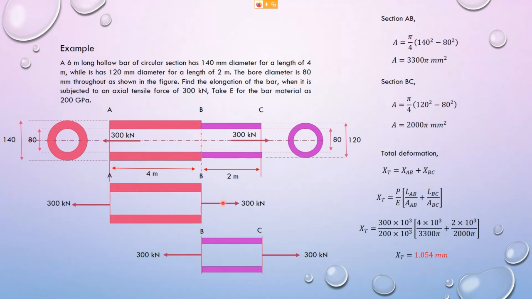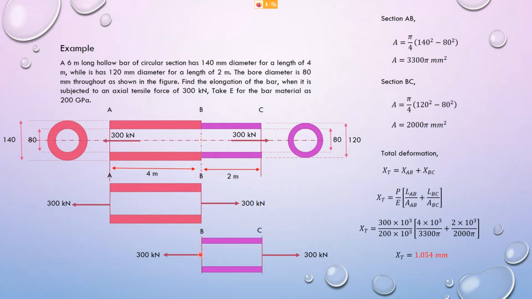Therefore, to make the net force acting at section B be 0, when I reconsider section B for the second part, I must consider the 300 acting towards the left, which is opposite to what you have here. So when you take the net, 300 minus 300 becomes 0 here, because originally it's 0.